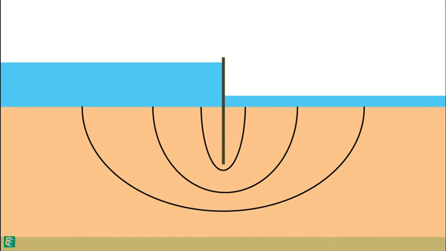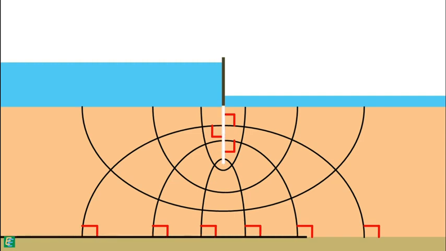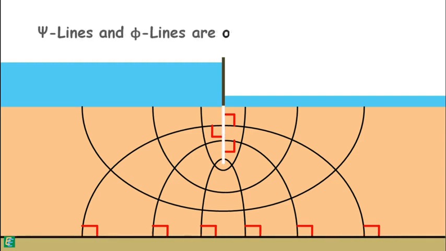For the same reason, all equipotential lines must meet the impermeable boundaries at the right angles, because impermeable boundaries are flow lines and flow lines meet equipotential lines at right angles.